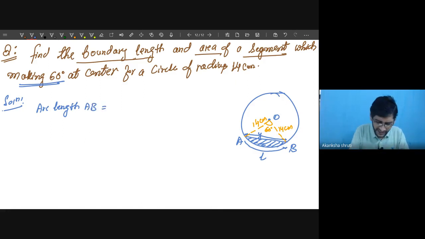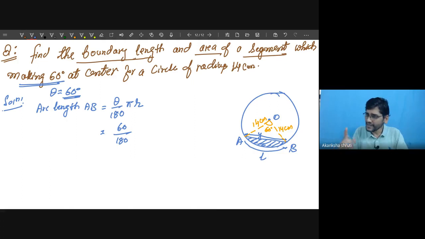How is this obtained? The formula we have written. It is given in degrees, so the very first thing is theta is in degrees. For degrees, the formula we shall use is theta by 180 pi r. Just substitute it. So 60 by 180 into, student, you may carry the pi as it is and just substitute at the end. That is the best habit. Or you may substitute in between, and then you have to do the calculation.